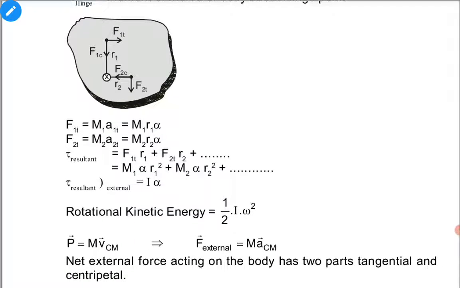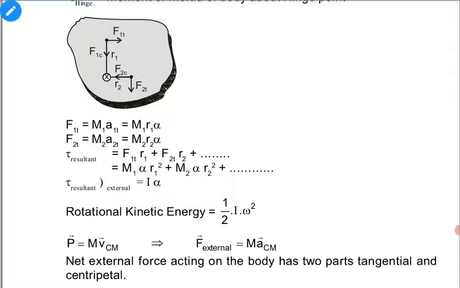In this figure, you can see that F1t equals M1 A1t equals M1 R1 alpha, and F2t equals M2 A2t equals M2 R2 alpha.